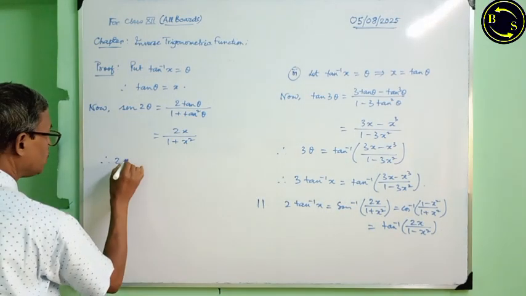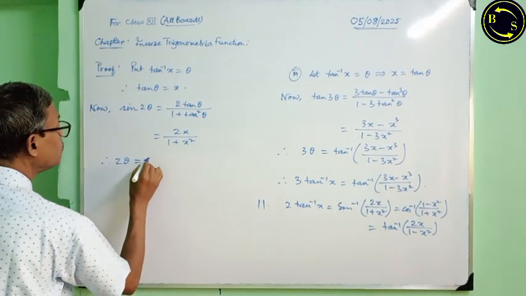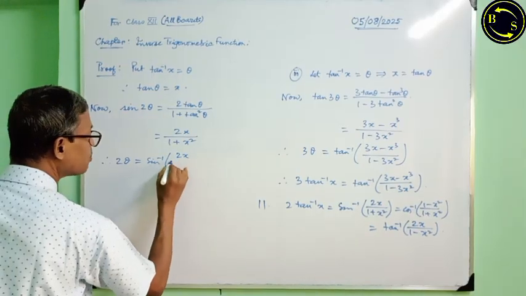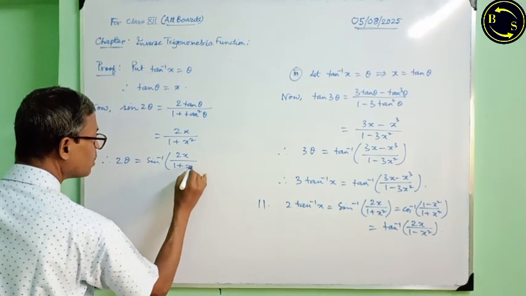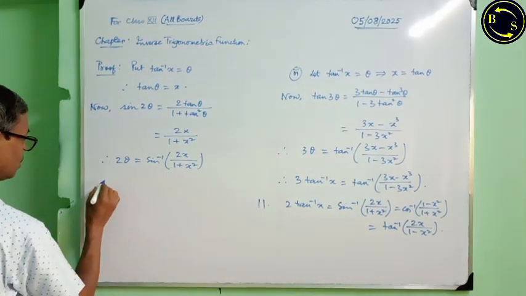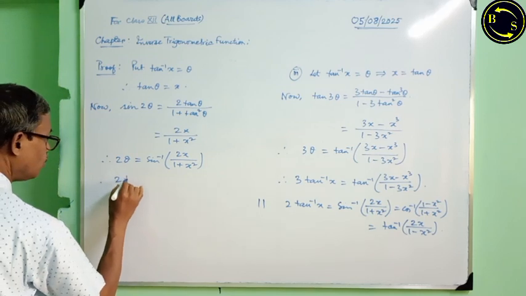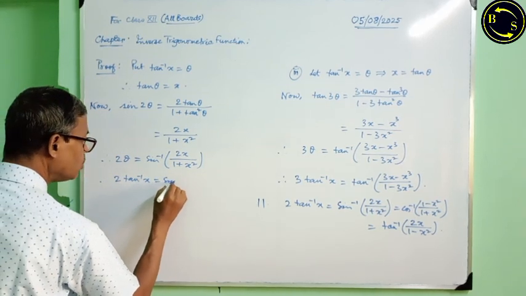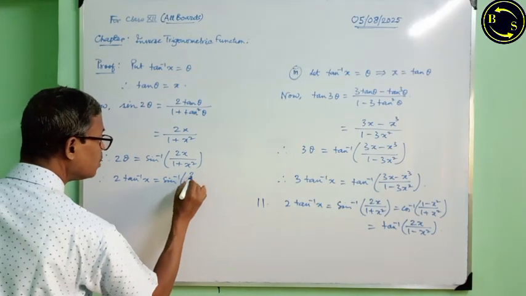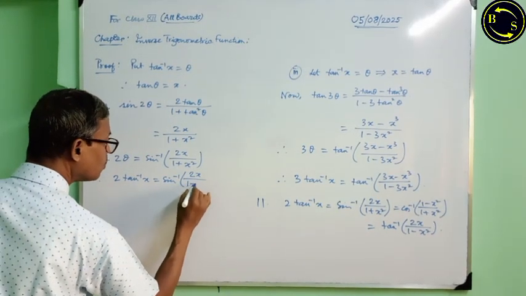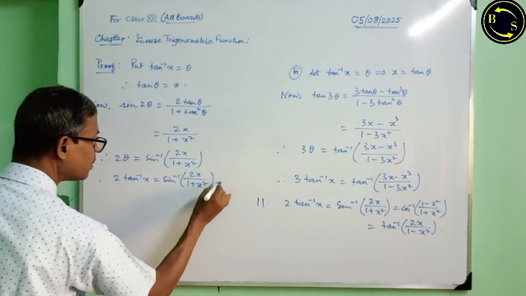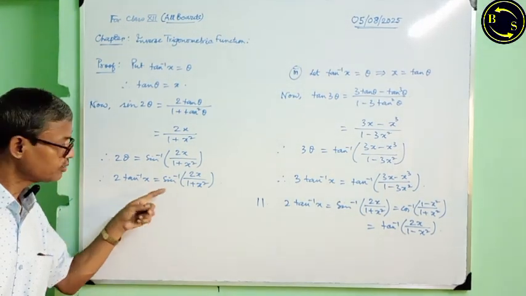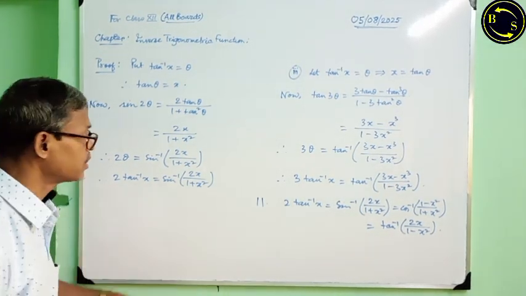Therefore, 2 theta is equal to sin inverse of 2x by 1 plus x square. Therefore, 2 tan inverse x is equal to sin inverse of 2x by 1 plus x square. Therefore, 2 tan inverse x in terms of sine inverse I have expressed.